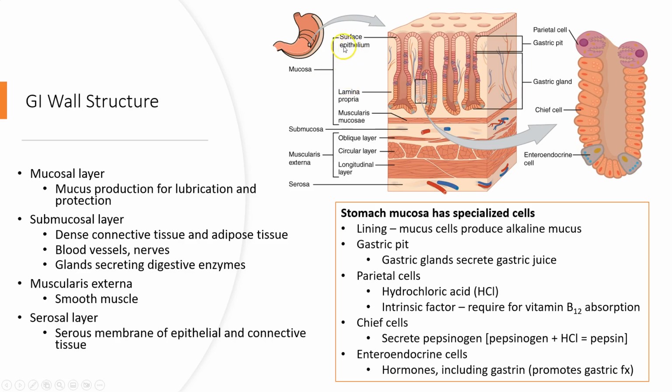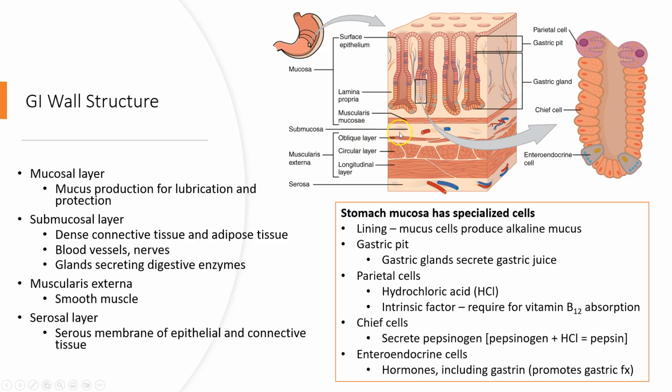The mucosal layer is made up of epithelial cells, a lamina propria, and a muscularis mucosae. Think about something like the esophagus or the small intestine. You're going to want lubrication to help things move through these pipes. In the stomach, you want that mucus to protect against the harsh environment of the stomach.